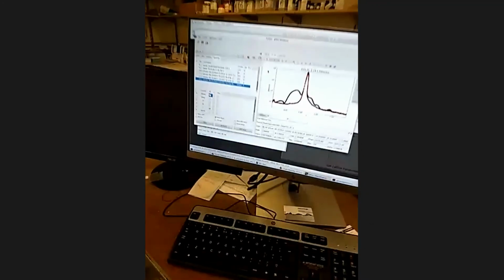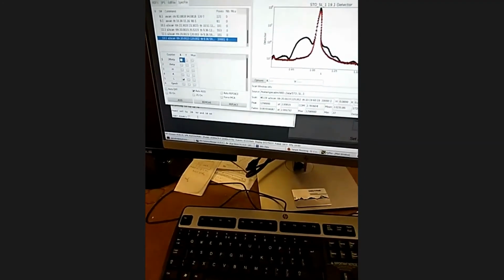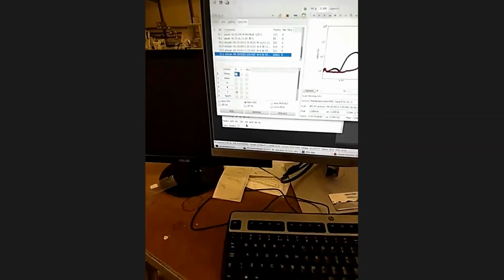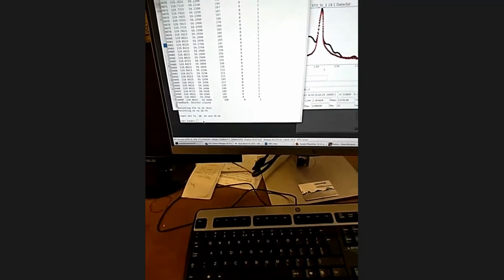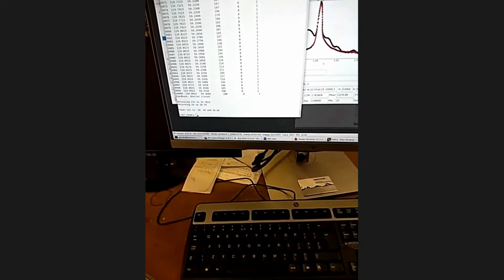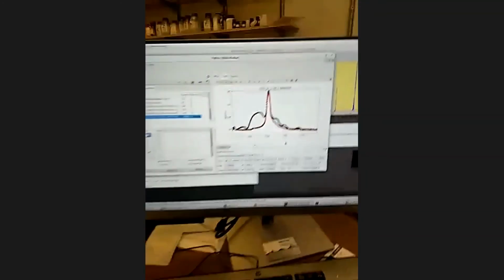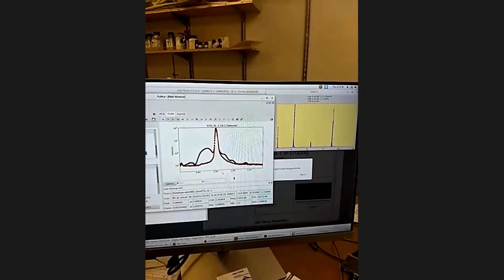I'll show you how it moves. So this is the control panel for this thing, and let me see. These are usually very laggy. Look, this is one of the measurements that I took a few days ago.